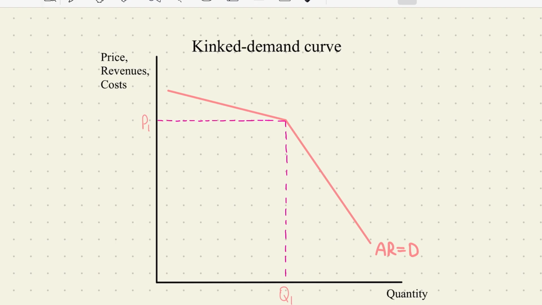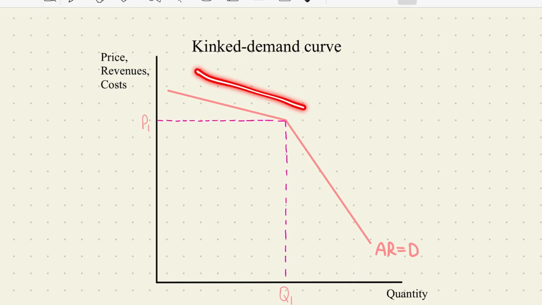We see that the market price is at P1 and at Q1, and it comes right at this dent, right at this point before the slope of this AR curve changes. So we see it's less steep, and then it becomes more steep at this point. And I think you can remember, if you recall microeconomics, that the slope of the curve pertains very much to the elasticity of the diagram.